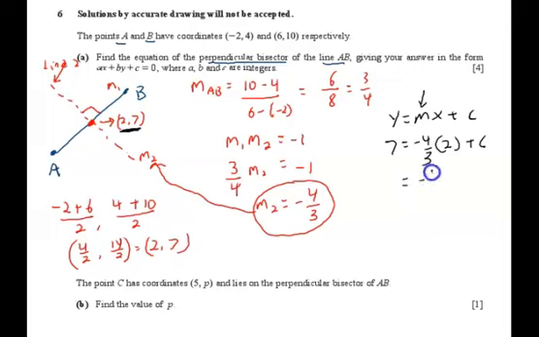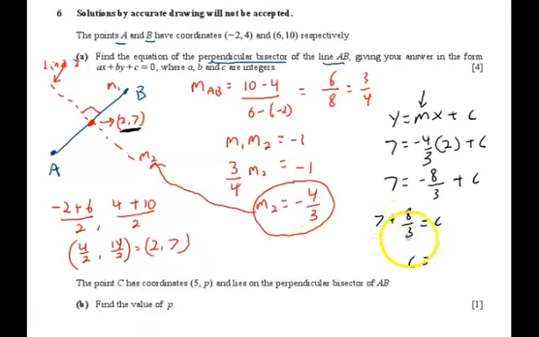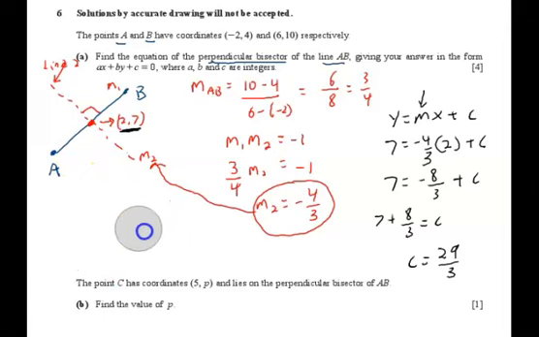So here we have negative 8 over 3. Here you move it over, you got plus, and your C will be 21 plus 8, which gives 29 over 3. So we managed to get this C. Let me simplify this. Let me erase this part first to write down this answer.